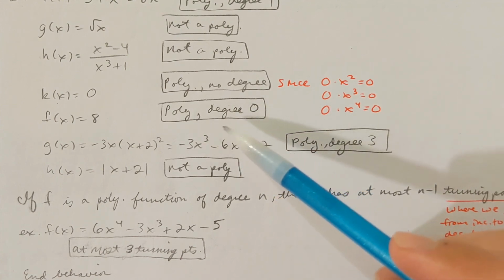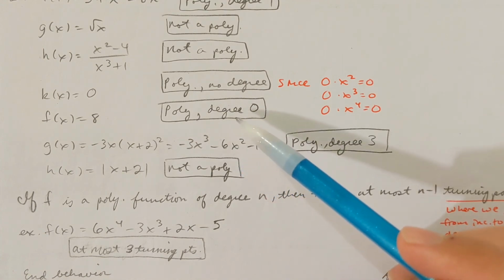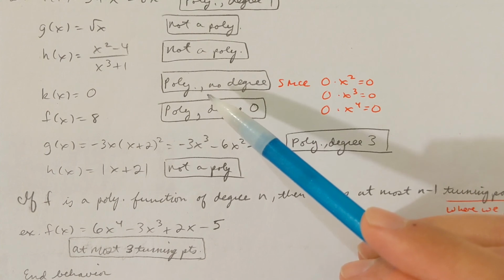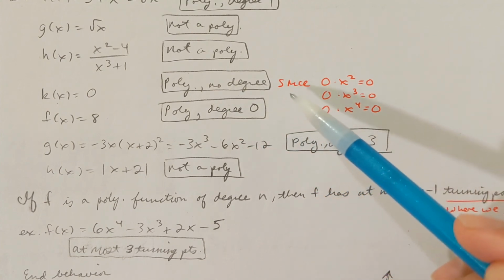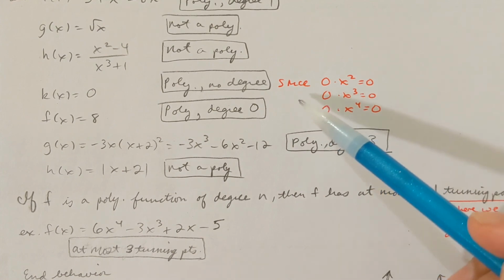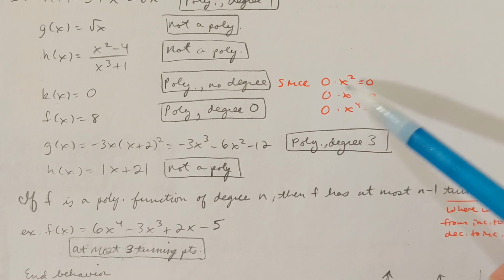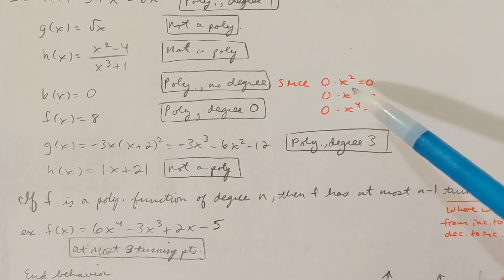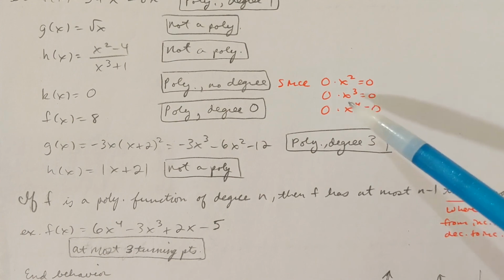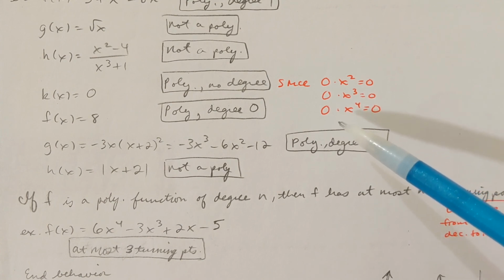And this is a degree 0 polynomial. Now hold up. Why is this one a polynomial that has degree 0, and why is this one a polynomial that has no degree to it? Well, x is equal to x times 0, which is 0, x cubed is equal to x cubed times 0, x to the 43rd equals x to the 43rd times 0.